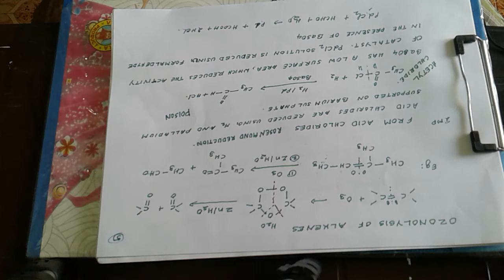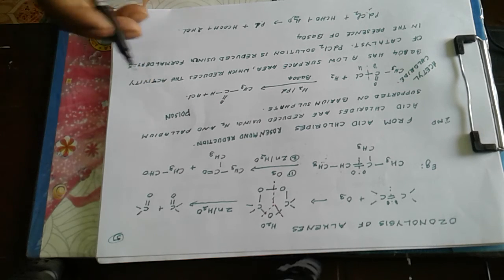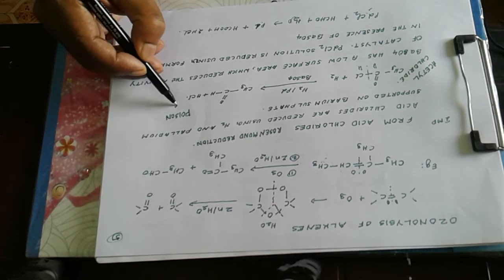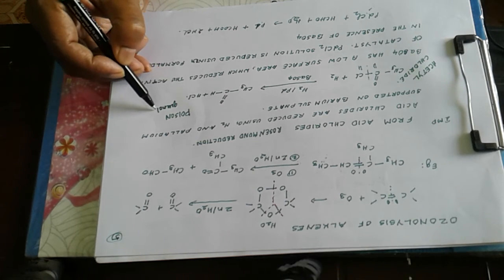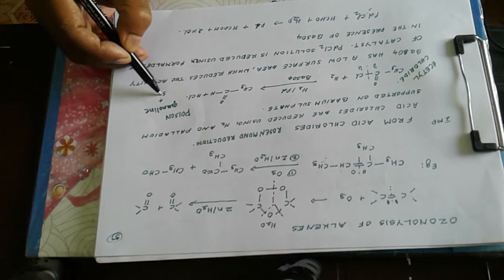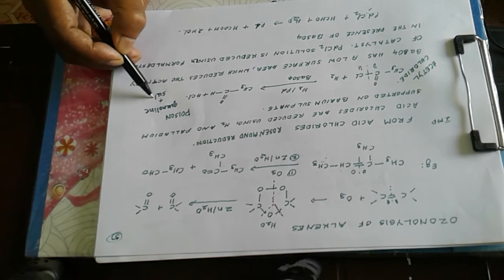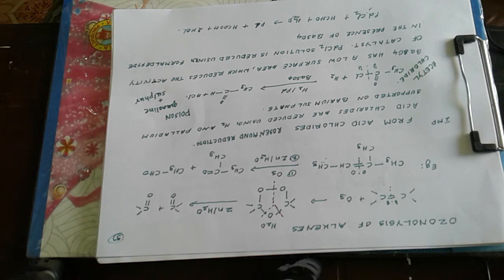Now if the aldehyde is very reactive, another poisoning substance, quinoline and sulfur, is added to the medium as further poisons of the catalyst if the aldehyde is highly reactive.